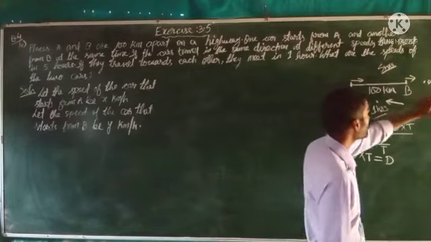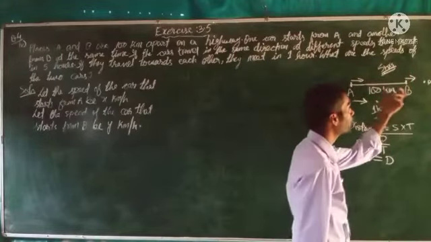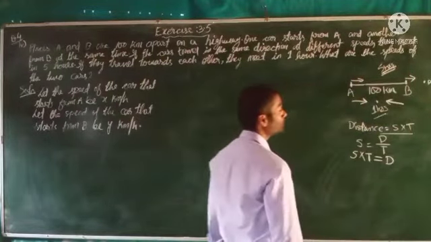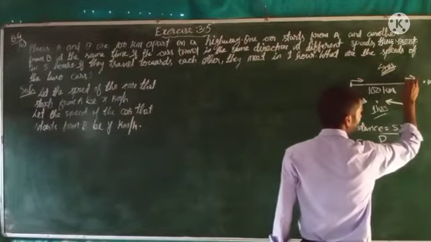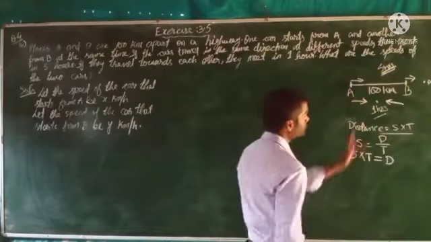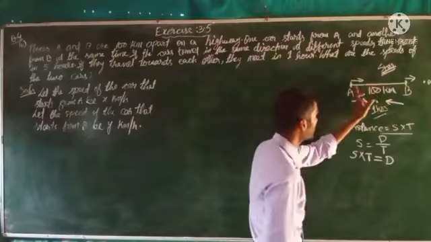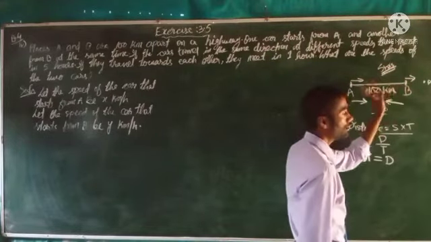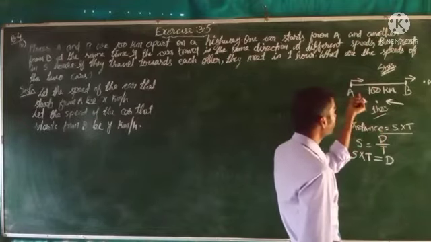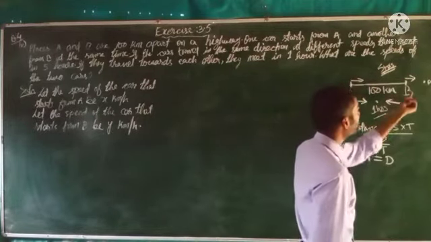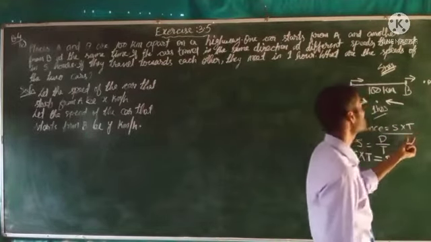So here we can see that the difference between their distances is 100 kilometers. That means they are placed 100 kilometers apart. So first we'll find the distance of the first car, and then the distance of the second car, using the formula speed into time.